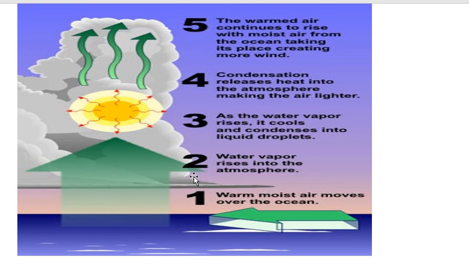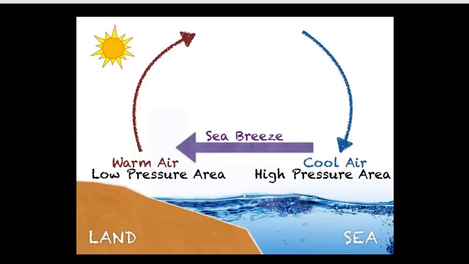Later it becomes lighter in the atmosphere, and as a result we have rain. If the warmer air continues to rise with moisture from the ocean, then it creates more wind, and then the cyclones are formed. This is the process of it.